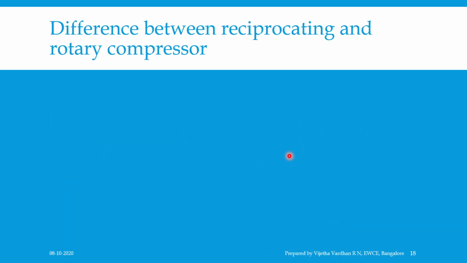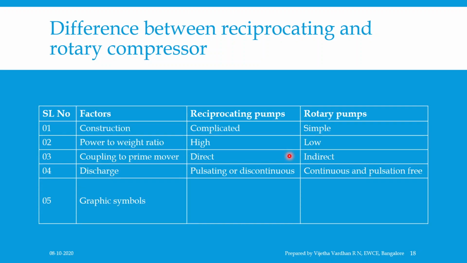Then coming to the differences between reciprocating and rotary pumps, let us understand the differences by different factors. Now you can see we have listed 5 different factors for reciprocating and rotary pumps. Construction wise, reciprocating is complicated whereas rotary is simple. Reciprocating will have a higher power to weight ratio when compared to rotary pumps.